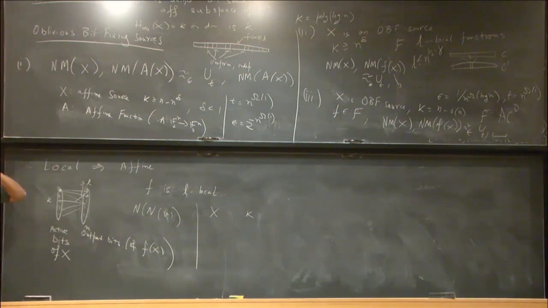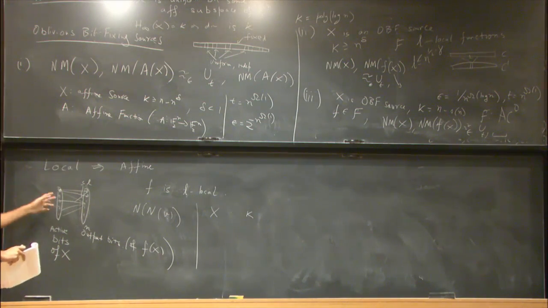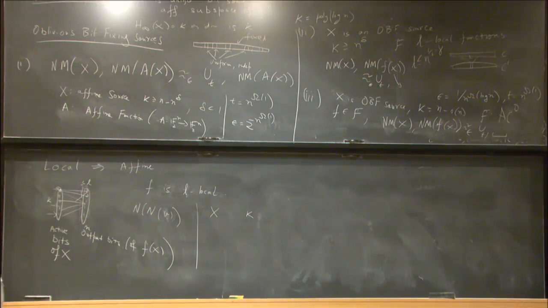You're just trying to find a large independent set on the left. It's a trivial thing that you do. So it's now a source on the independent set. But in order to have anything surviving, you have to have K very large compared to the locality.